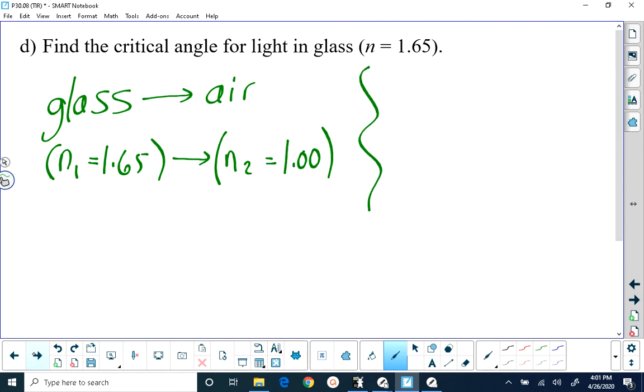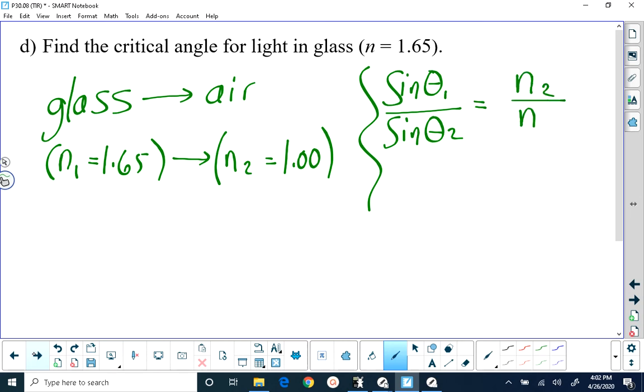So again, we start off with Snell's law, sine of theta 1 over sine of theta 2 equals N2 over N1. Theta 1 is the critical angle. Theta 2 is 90 degrees. N2 is air.